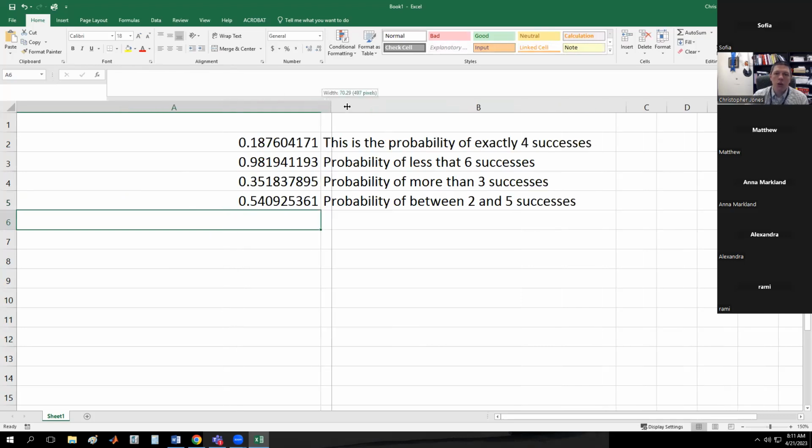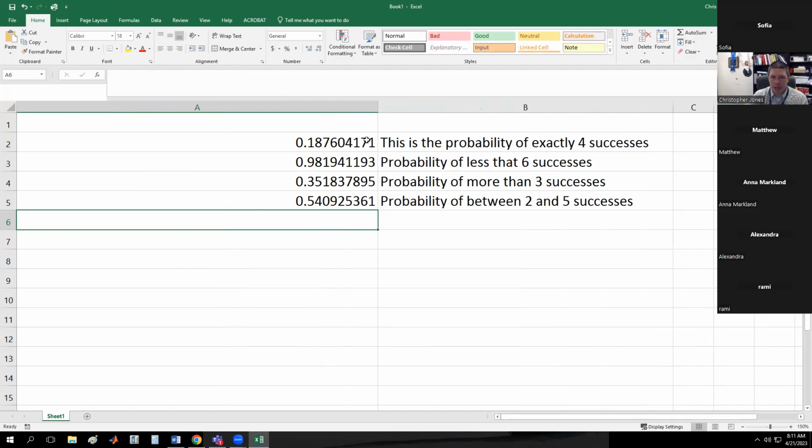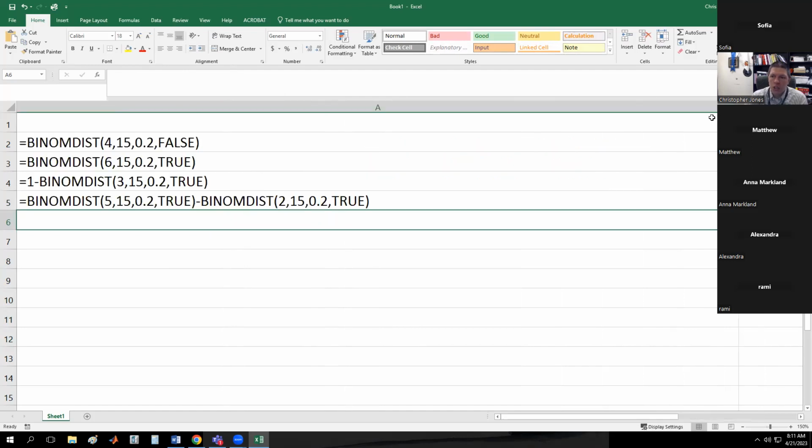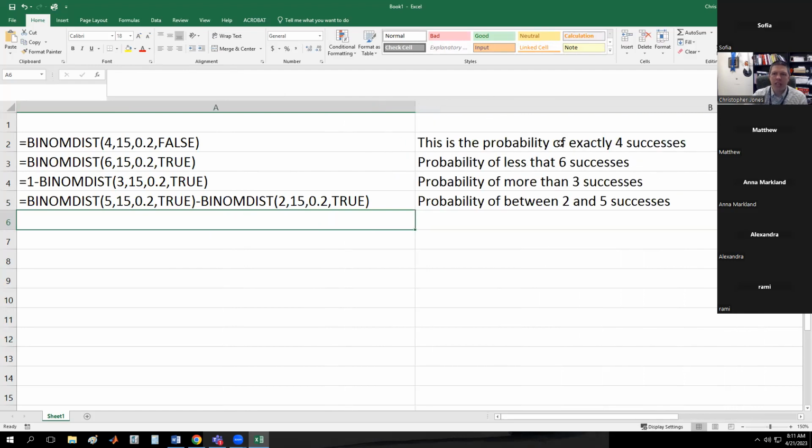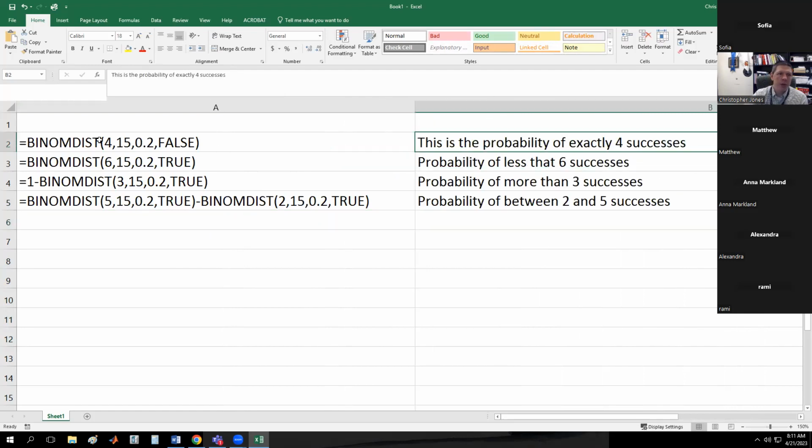Okay, so let me recap the various probabilities for these because they do look pretty similar to one another, and I just want to make sure everybody understands the subtle nuances between those. So if I want exact, the probability of exactly 4 successes, I would say binom dist, type in the number desired, the number of samples, the probability, and then false.